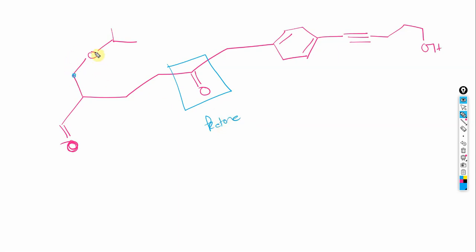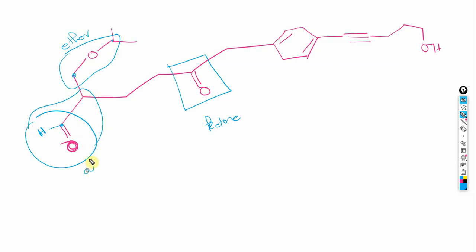This unit is going to be an ether. So the hydrogen here, if it's not given, you need to know, because remember, carbon is supposed to have 4 bonds, so you have only 3 bonds, so the fourth one is a hydrogen. So this is an aldehyde. I would include that as well, so it's an aldehyde.